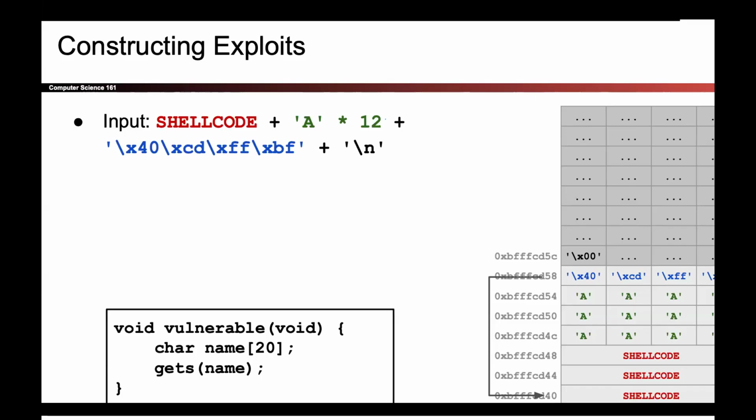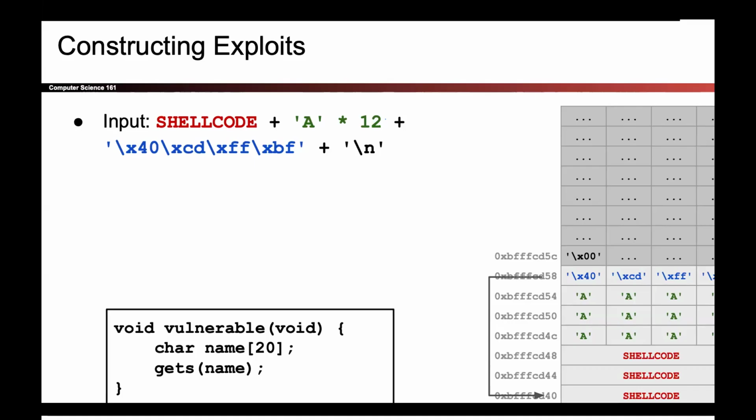In this case, we need 12 of them: 8 more to fill up the name array to get to a total of 20 bytes in the name array, and then 4 more to overwrite the SFP. It doesn't really matter what we overwrite it with. And then follow that with the address where the shellcode is, which is the address of the start of name. So 4 more bytes containing that address, but in little endian form, so it looks reversed. So that would be the input that the attacker would supply to this program.